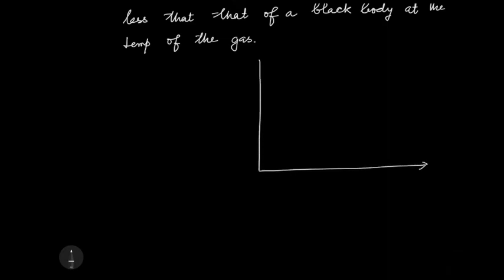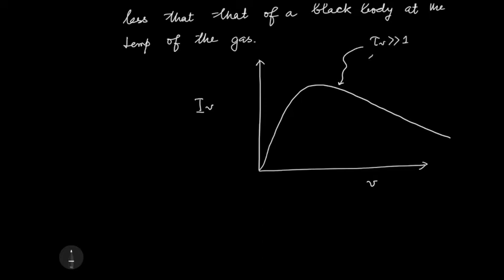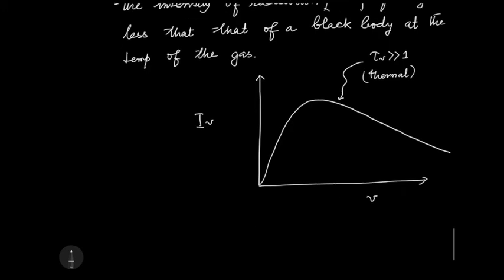So what does it mean? You remember how the black body curve looks like? So say I plot I nu as a function of nu. It looks something like this, right? So this is the case tau nu much greater than 1, thermal radiation.